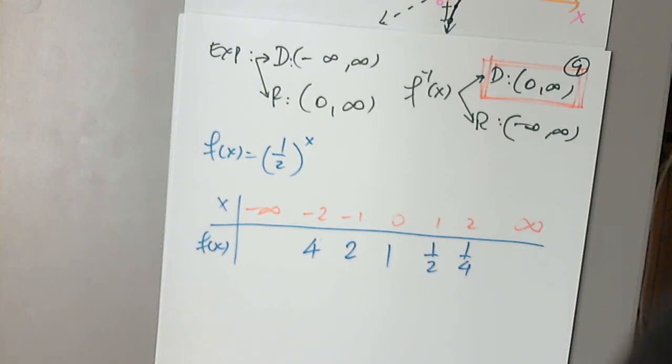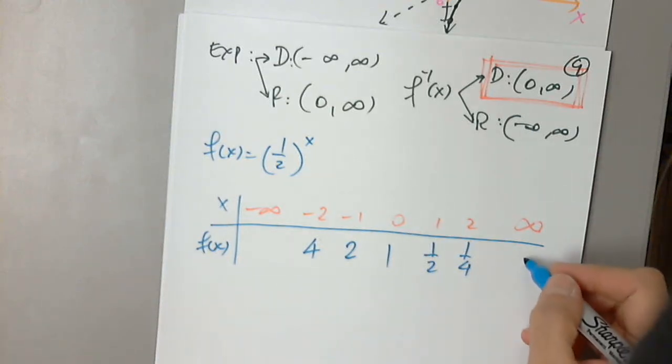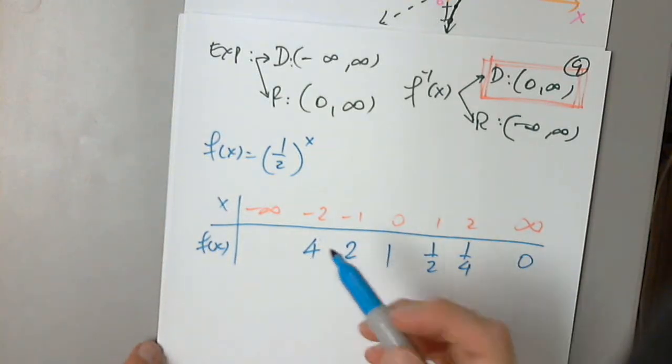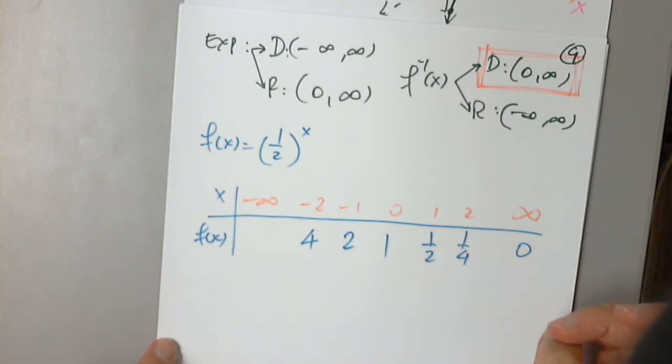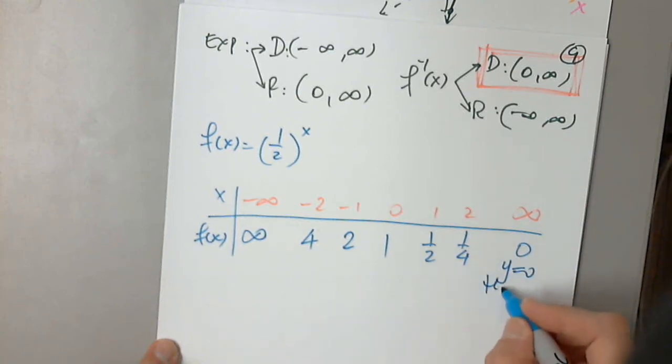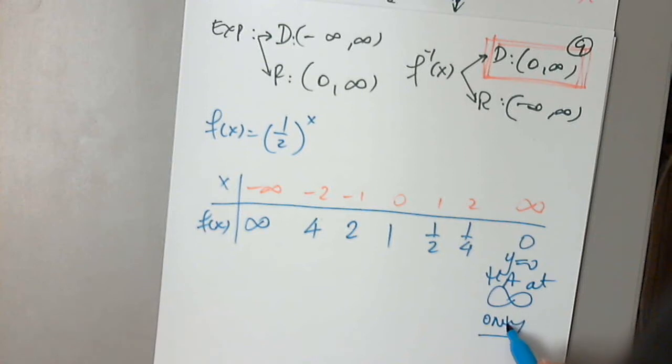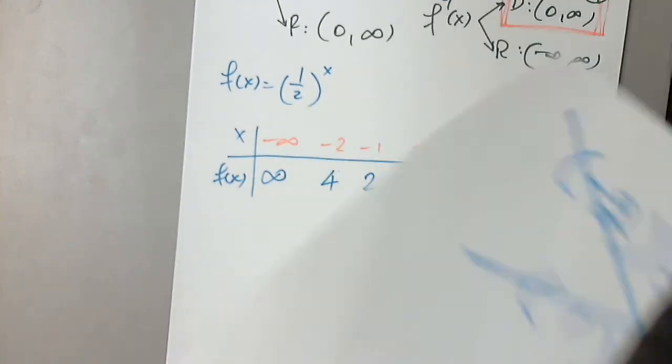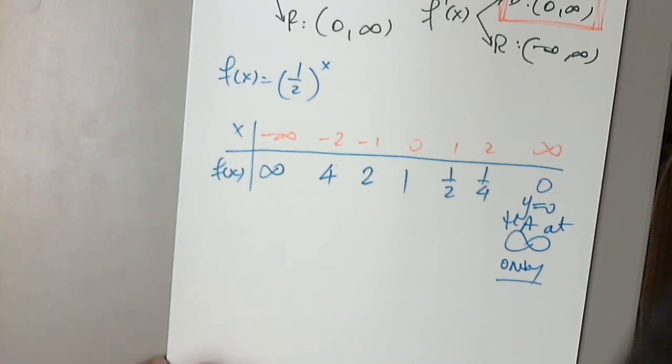Excellent. Now the other way. 1, 2, 4, 8, 16, 32, 64. Excellent. Which means y = 0 is a horizontal asymptote at infinity only, not at both sides, as we know from rationals. Okay, perfect. Let's graph it.